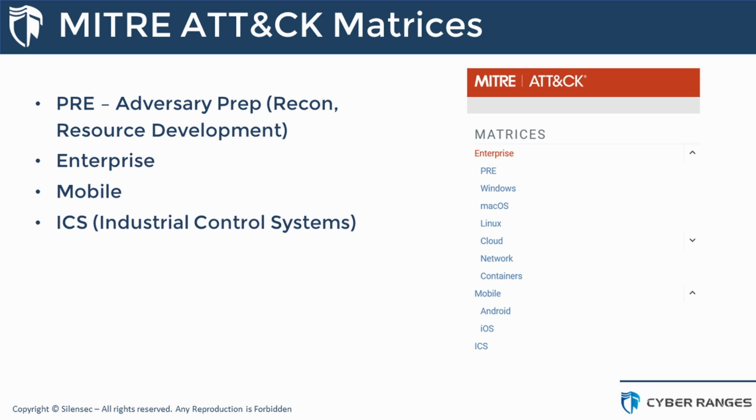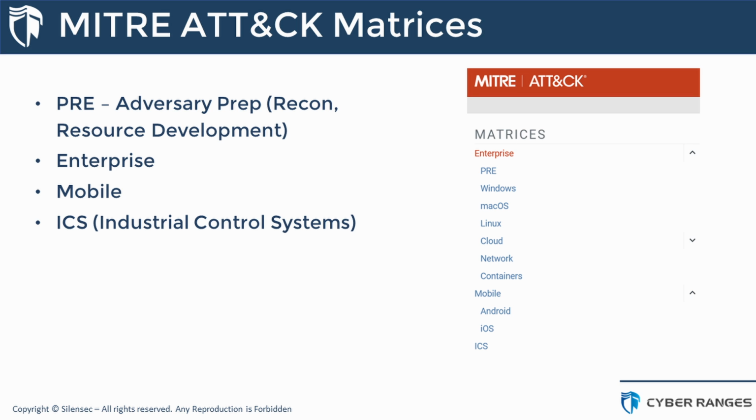And then you have mobile, which is self-explanatory. That is divided into the two primary platforms, Android and iOS. So if you're looking for TTPs pertinent to, let's say, Android, you can utilize the Android matrix. And then, of course, very important, ICS. ICS environments are very different.